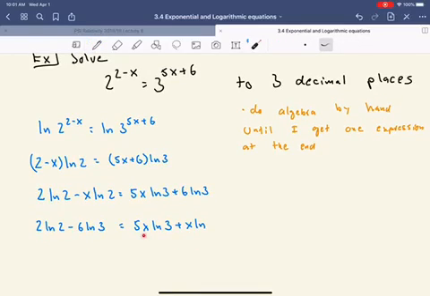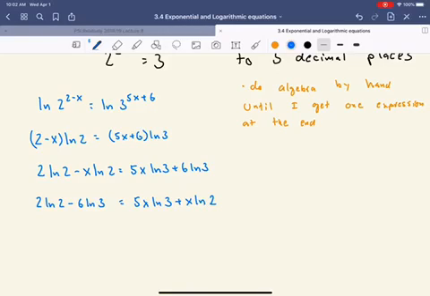Next step is, of course, I'm going to factor out the x. So 2 natural log of 2 minus 6 natural log of 3 equals, factoring out the x, x times the quantity 5 natural log of 3 plus natural log of 2.